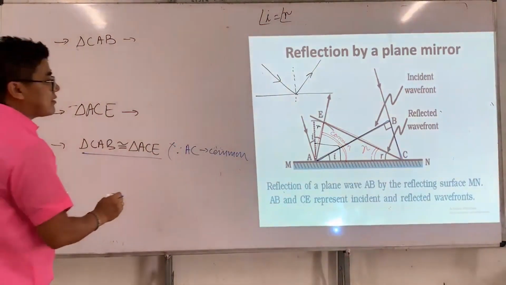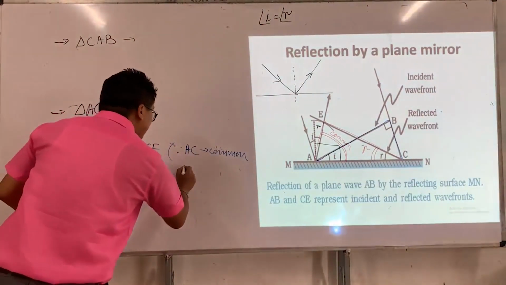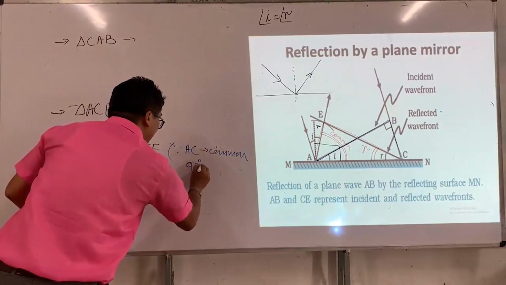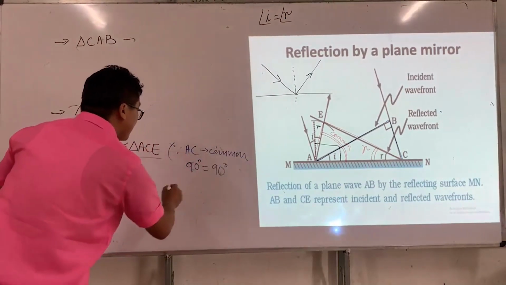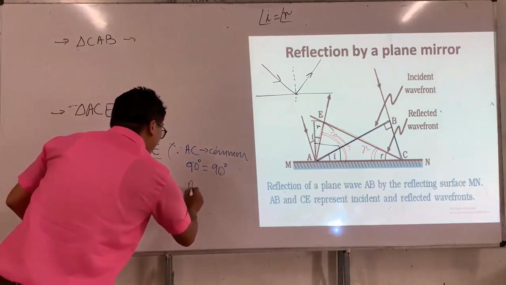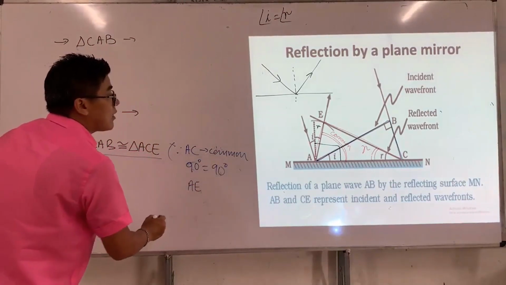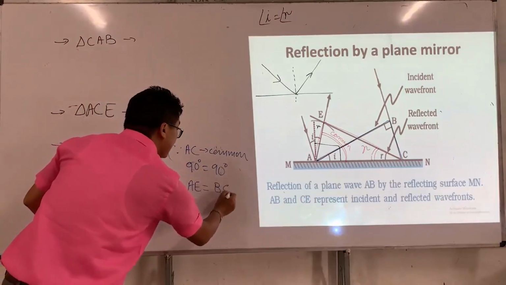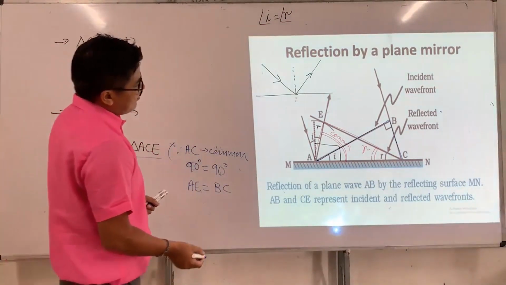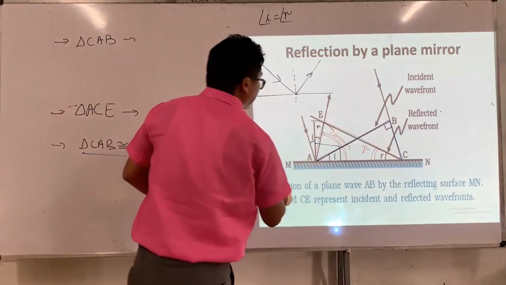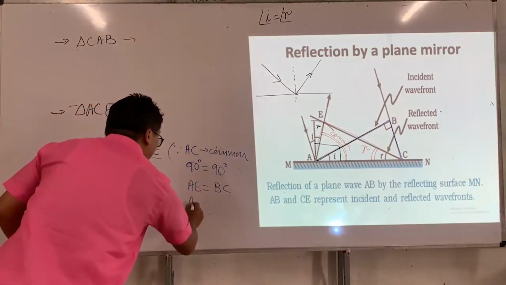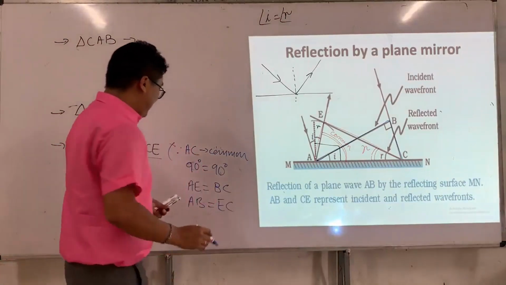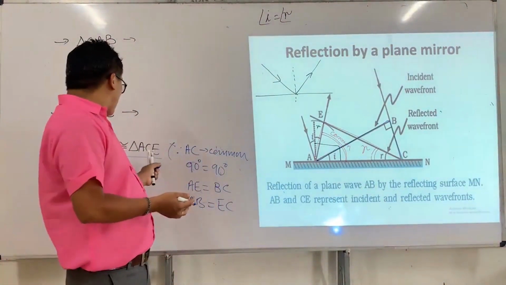Why is it a congruent triangle? 90 degrees is equal to 90 degrees, and again AE is equal to BC, and this distance must be equal too, which implies that AB must be equal to EC. Which implies that these two are congruent triangles.